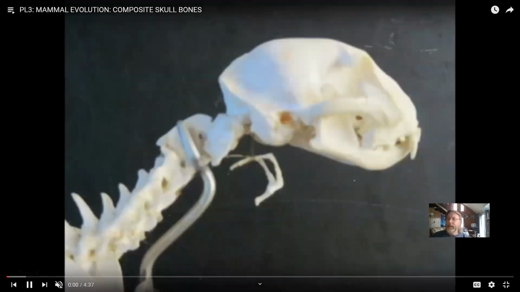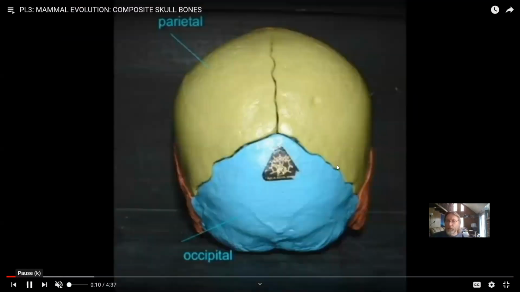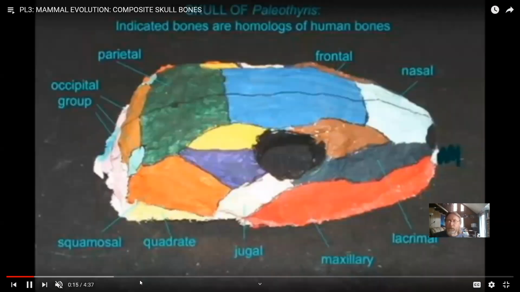Last point before I specifically start going through parts of the skull is the idea of a composite bone, as I have already mentioned. We mammals are different from the reptiles. When you look at reptiles, you see lots of bones of the lower jaw, lots of bones in the occipital region, in the temporal region. We mammals just have one bone in our lower jaw, one bone in the occipital region, one big occipital bone, and one temporal bone, not lots of little pieces.